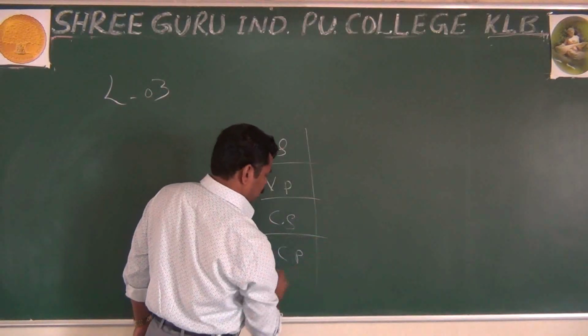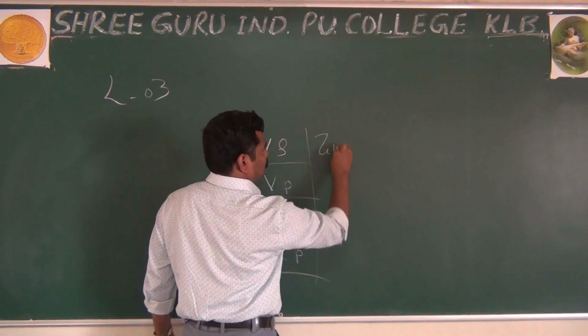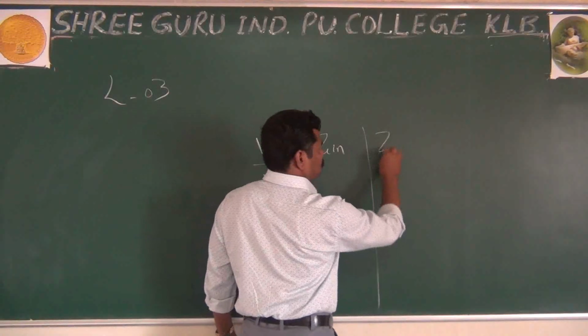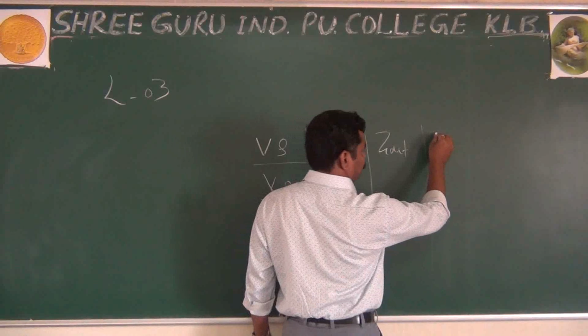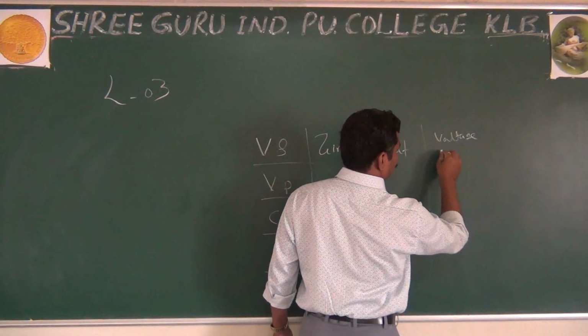You can go for the table, and here you are measuring Z in, nothing but input impedance, and Z out, nothing but output impedance, and the voltage gain, that is AV.